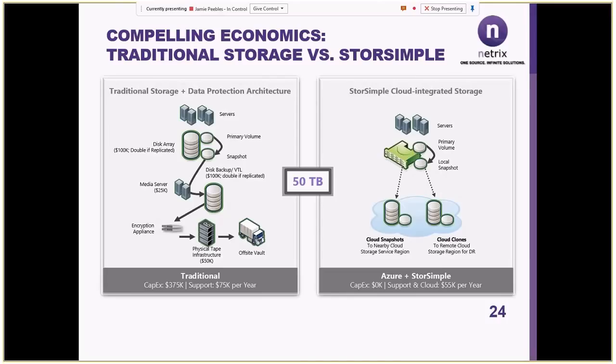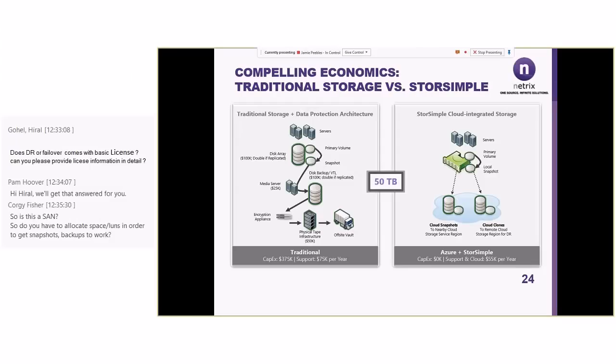I may have a media server at 25K that's performing backup responsibilities or presenting a virtual tape library to another set of disks with additional expenses. I might want to encrypt that backup information, put it on a physical tape, and take it to an off-site vault. If I add all of this up, capital expenditure, I'm looking at about $375,000 a year, with support costs of another $75K.